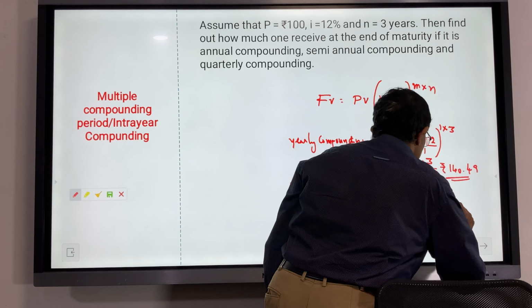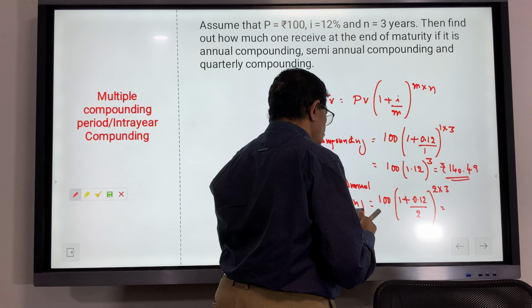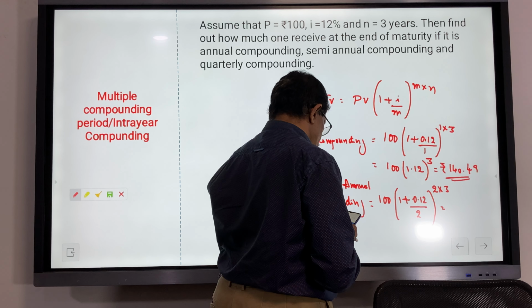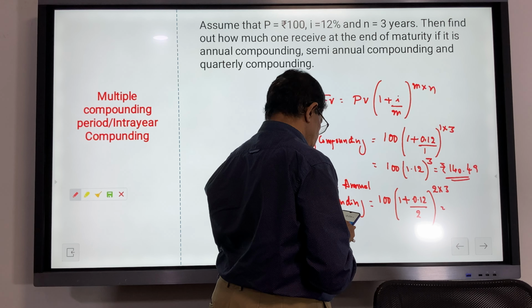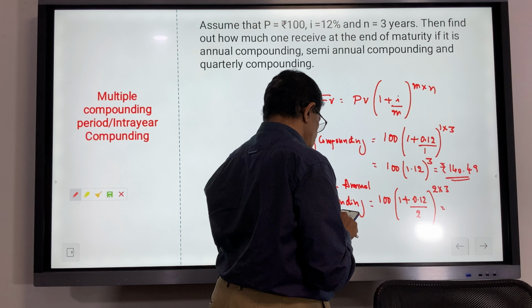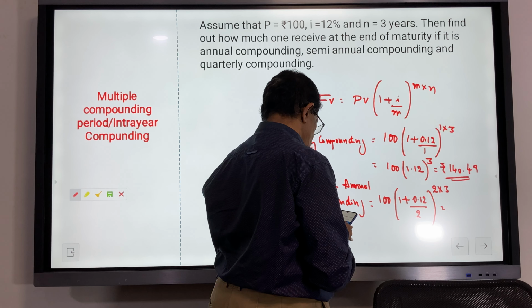So what is the value here? First we have to calculate 0.12 divided by 2, that is 0.06, so 1.06 to the power of 6, you are going to multiply 1.06 six times.